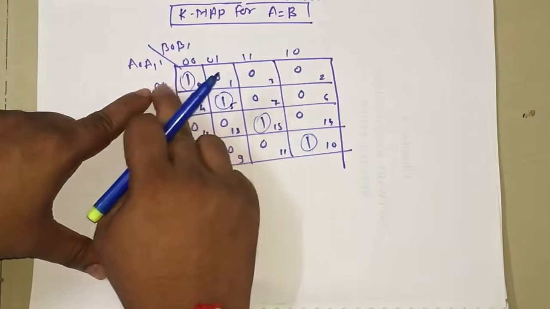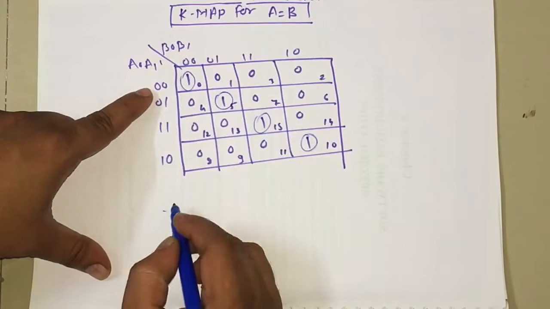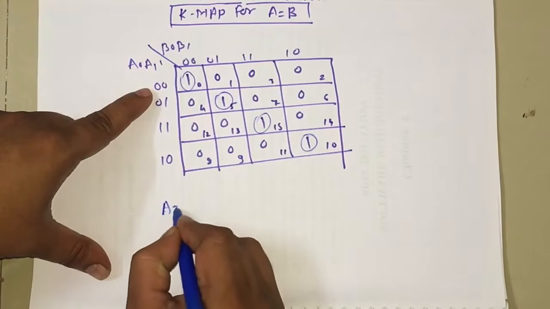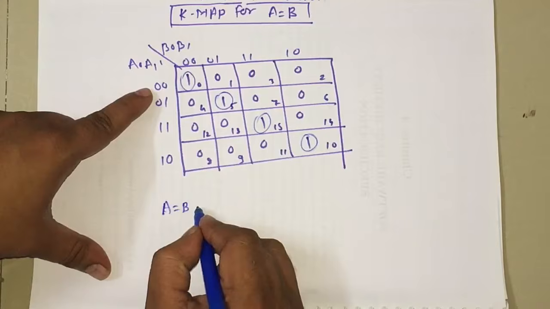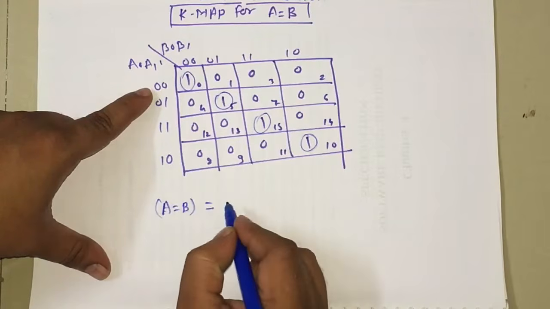So now for this one we will directly write the equation for A equal to B. For A equal to B, the equation is what?